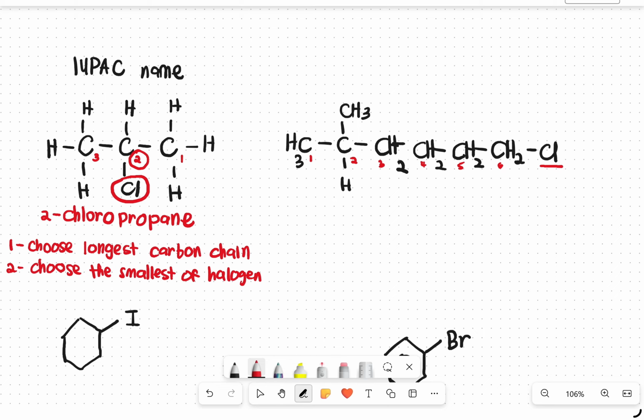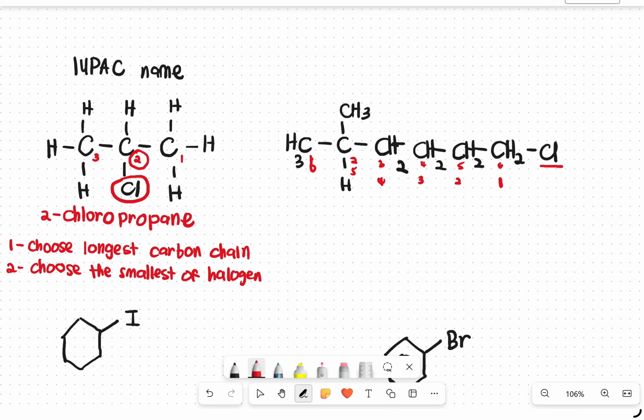Because we want to make sure that the alpha carbon, remember the alpha carbon is the one attached directly to the halogen, has the smallest number. So instead of left to right, let's say this starts from 1, 2, 3, 4, 5, 6.